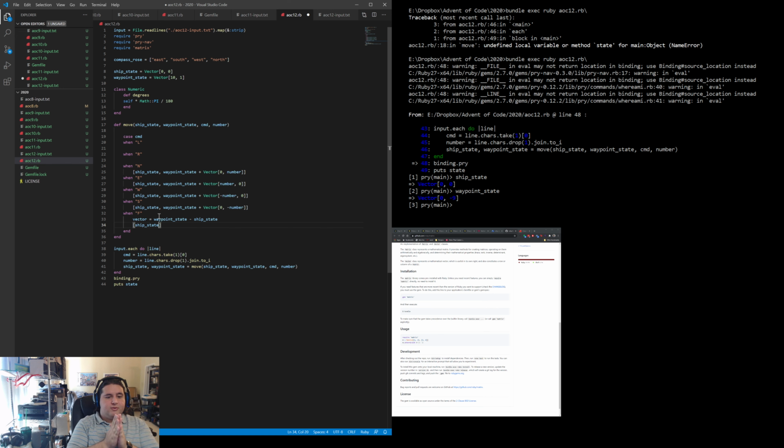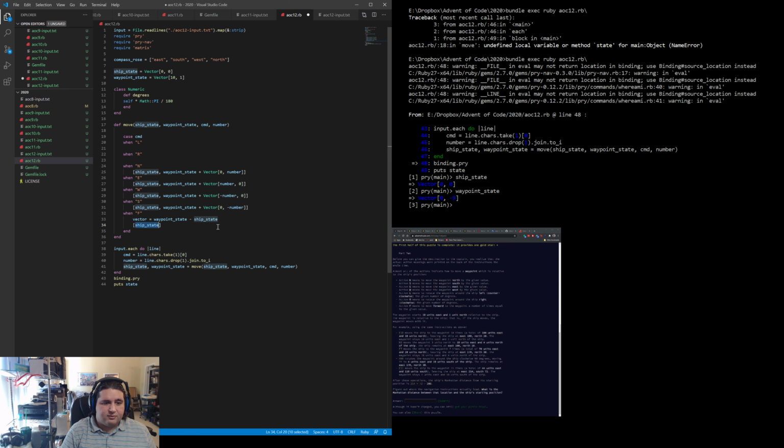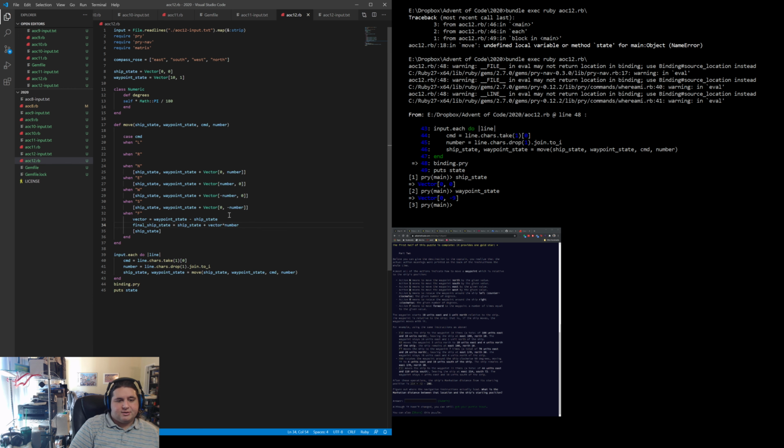So this is move the ship to the waypoint a number of times equal to number. So final ship state equals ship state plus vector times number. So hopefully it handles the vector multiplication.